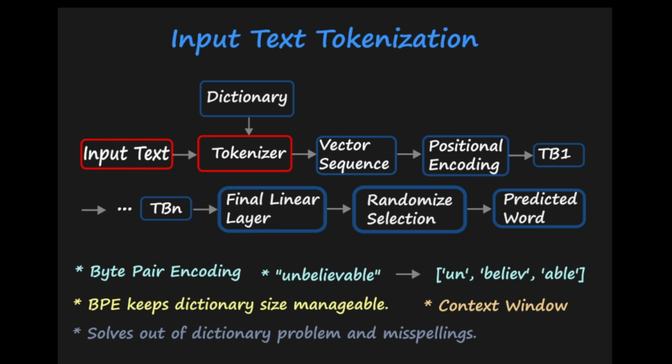It solves the out-of-dictionary problem, which happens when a word you come across is not in the dictionary. If you don't use tokenizing, it will halt the system because it won't know what to do with a word it just doesn't know. But this solves that problem. It also effectively handles misspellings. Those are some real values it has.